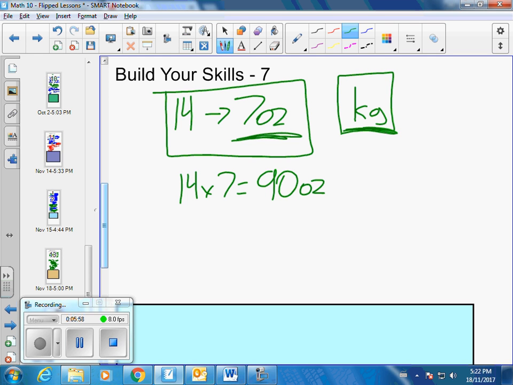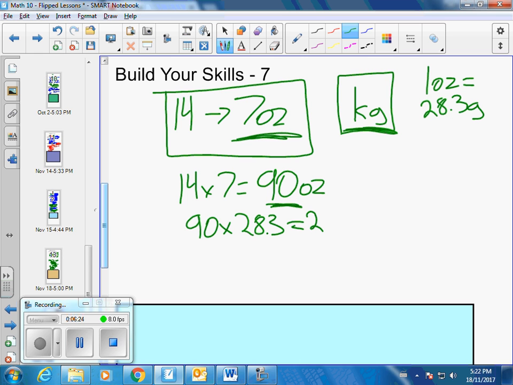If I look at the top of page 208, they tell us that 1 ounce equals 28.3 grams. So I've got 98 ounces, and this becomes a very simple equation: 98 times 28.3 gives me an answer of 2,773.4 grams.